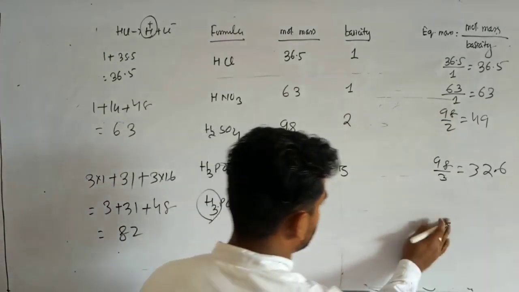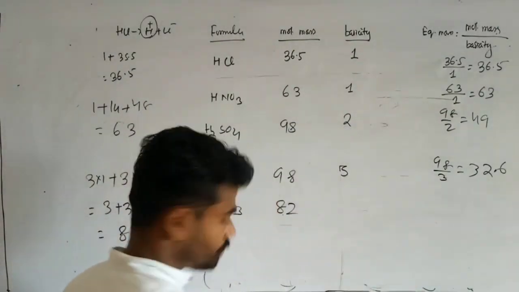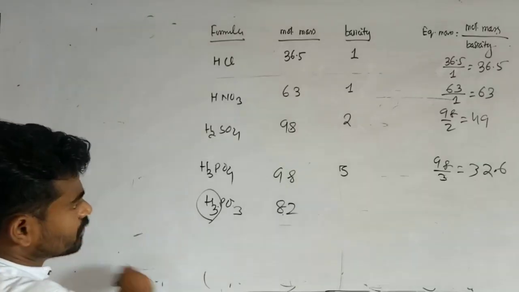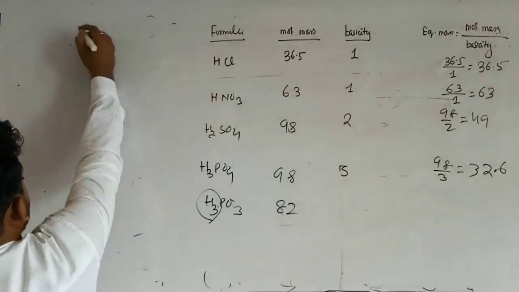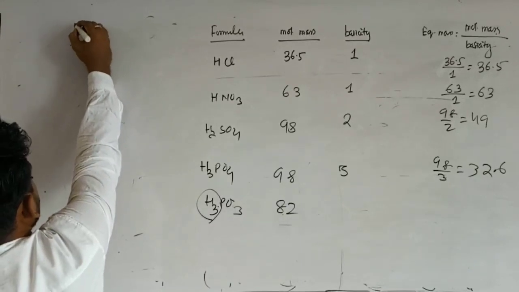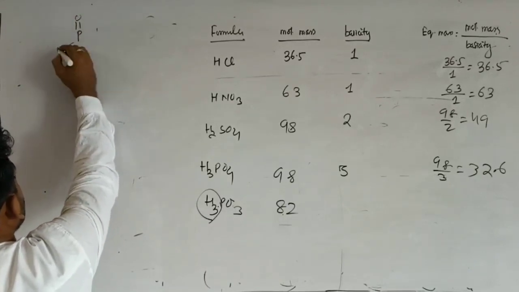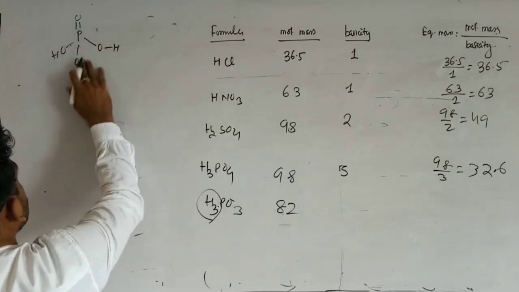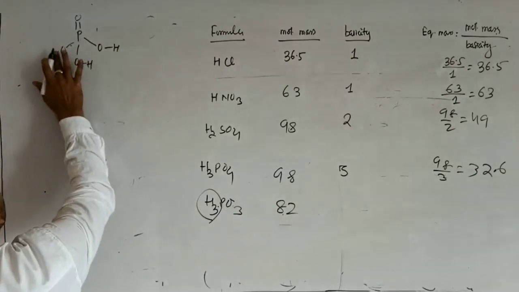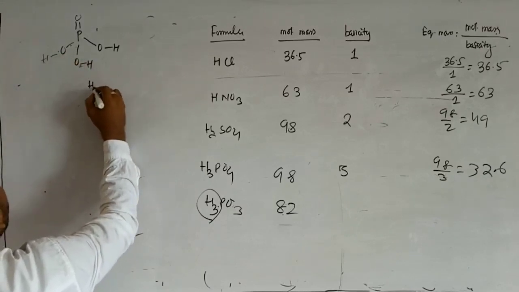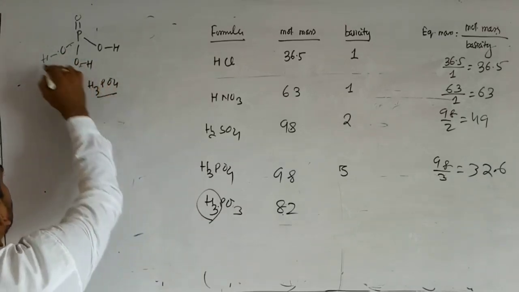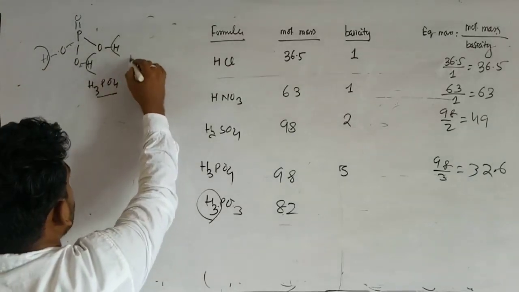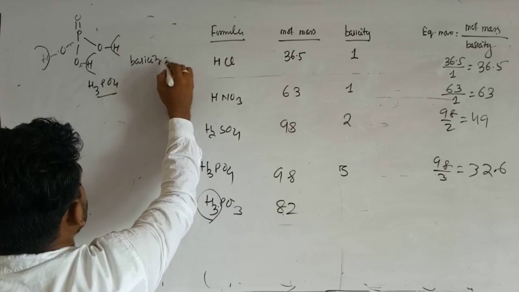For H3PO4, if you draw the structure, double bond, OH, OH, OH. Number of replaceable hydrogen 1, 1, 1. So basicity is 3.